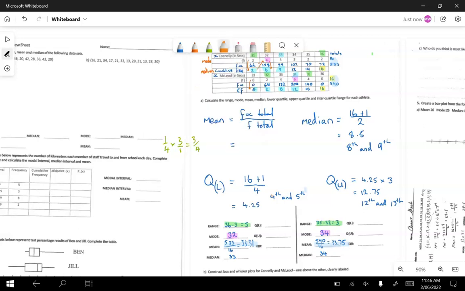Let's go looking for the lower quartiles, right? When we go for the lower quartile and upper quartile, you're going back to that cumulative frequency count, the same one that you used for the median. But this time we're looking for the 4th and 5th score, and it's going to happen here because that holds the 3rd, 4th, 5th, and 6th scores, okay?